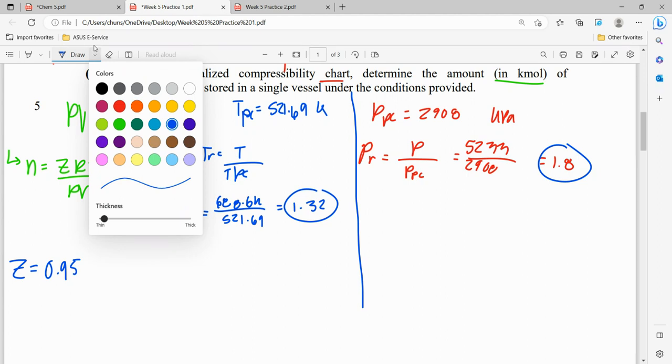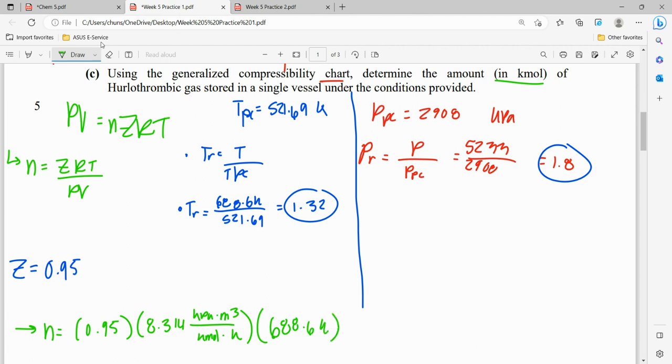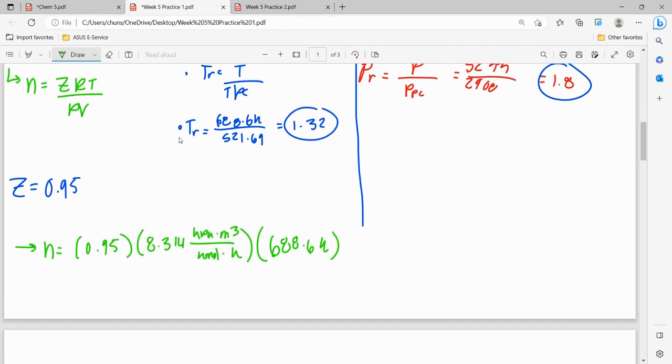And now let's plug that into our equation that we used in green above. So then this is n equals 0.95, no units. This is 8.314 kilopascal meters cubed per kilomole times Kelvin. Our Kelvin of our system was 688.6 K over our pressure and volume.